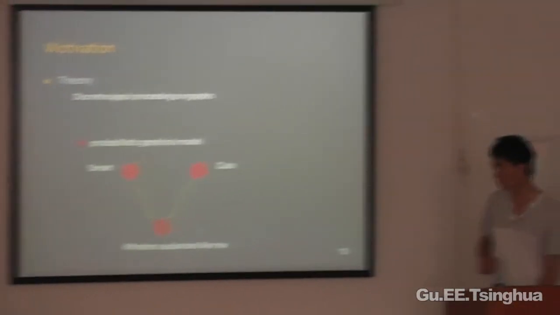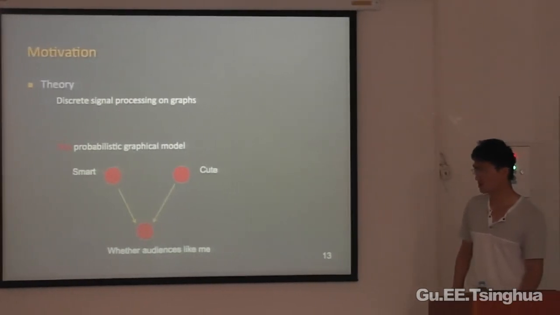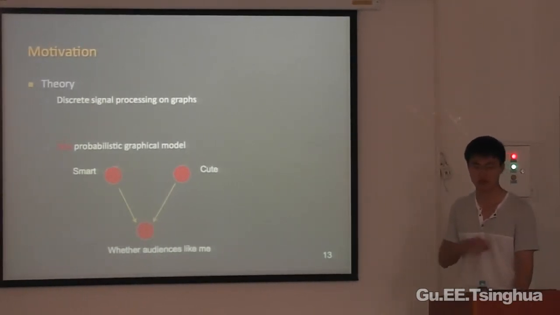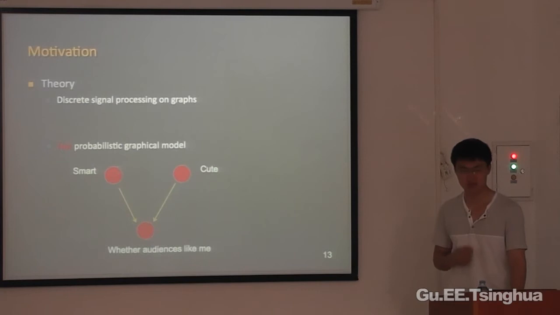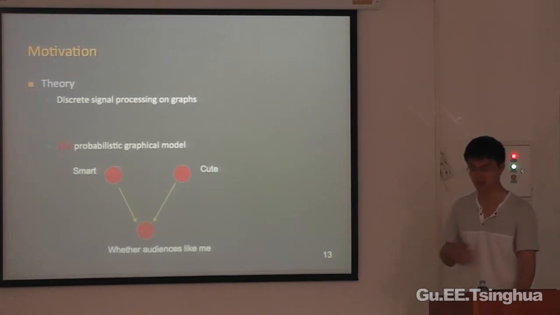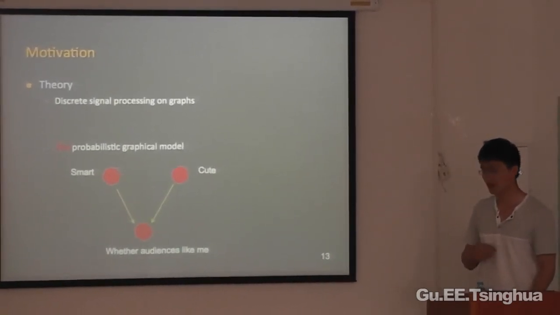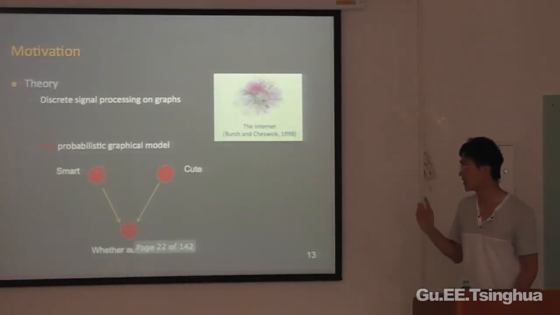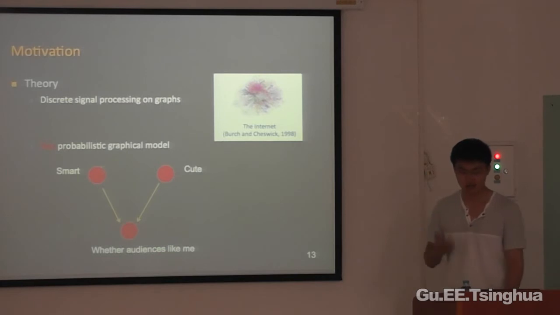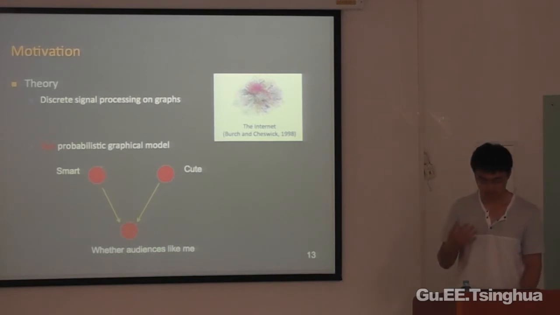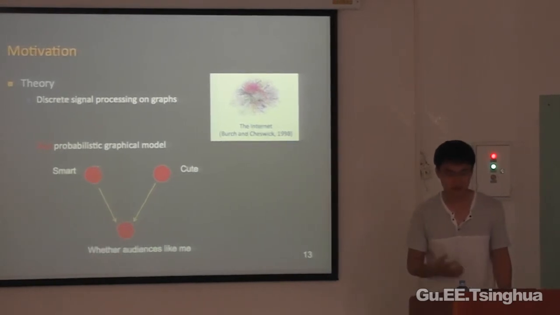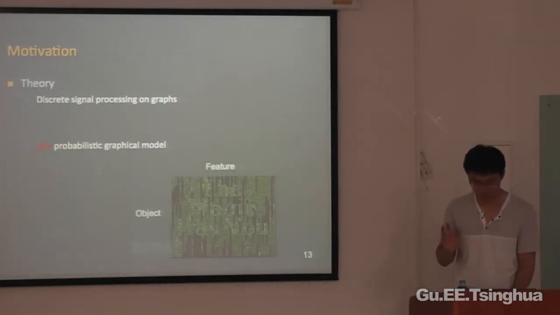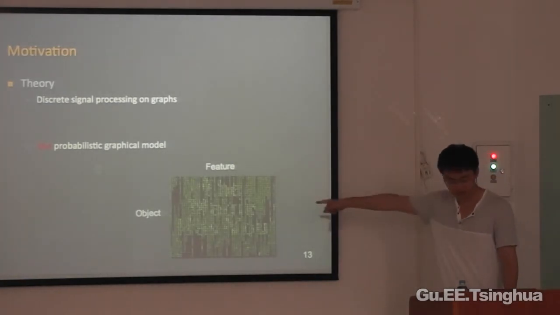In a probabilistic graphical model, each node represents one random variable, and there is some probability distribution associated with it. Then you can build a generative model and do some inference or learning on that. But we are talking about something like the internet, more network than graph.